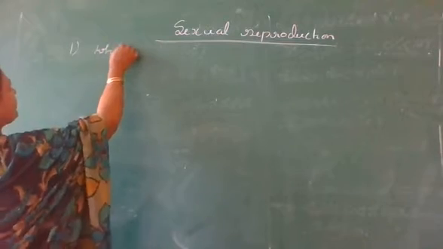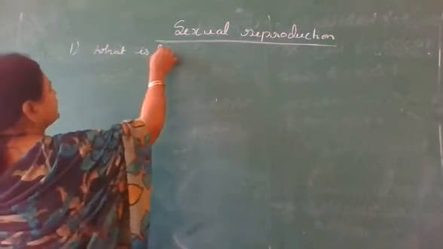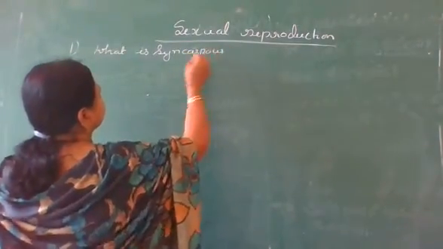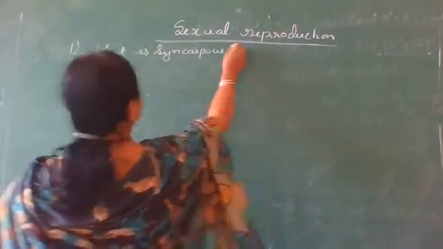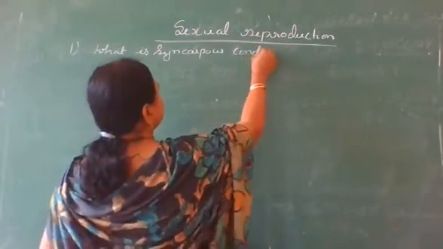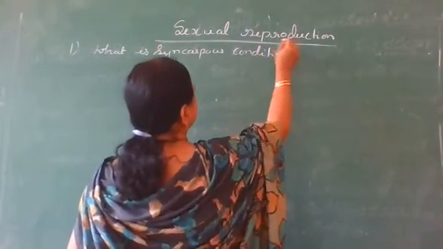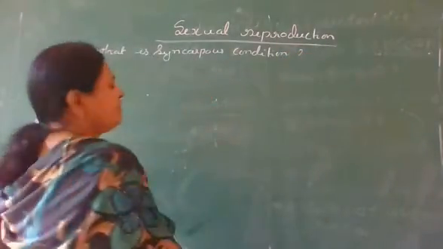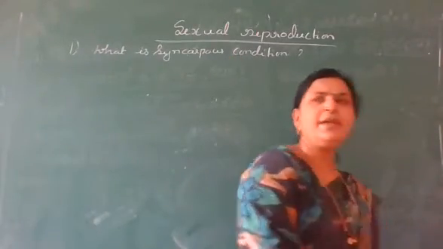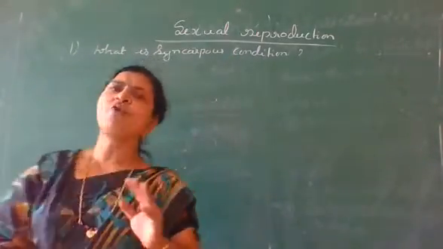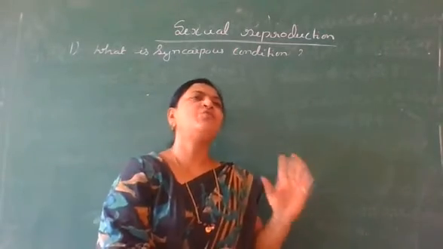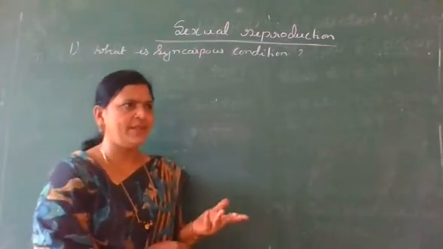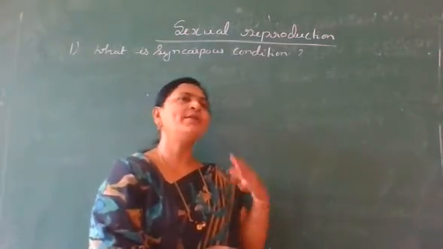What is syncarpous condition? Syncarpous condition means when the number of carpels is more than 1, maybe 2, 3 or more than that, and all the carpels are fused.